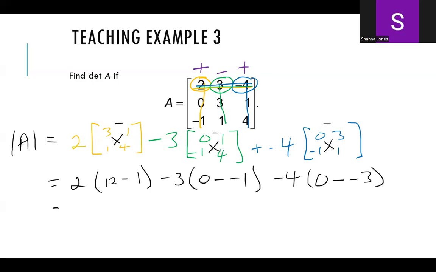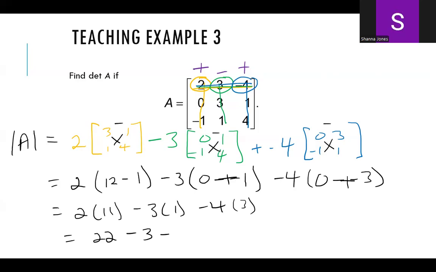So we have 2 times 11 minus 3 times 1, because a negative times a negative is a positive, minus 4. And again, a negative times a negative is a positive. So we get 22 minus 3 minus 12, which equals... Double check my math.